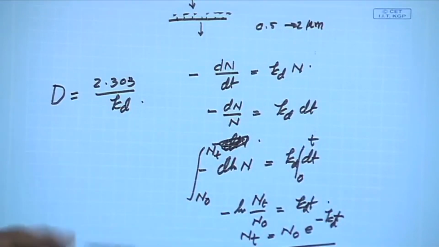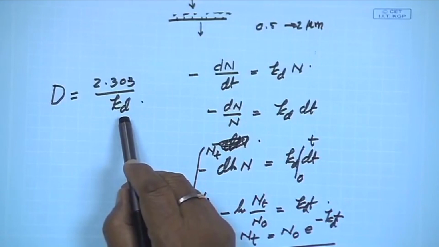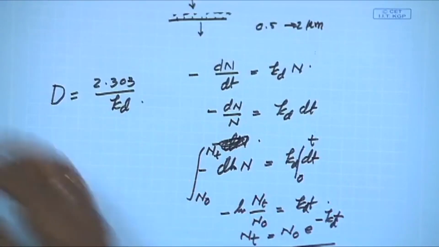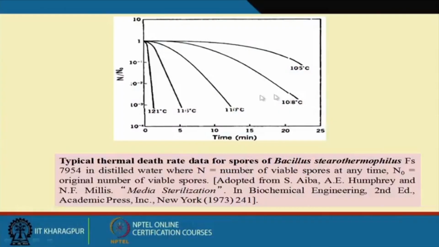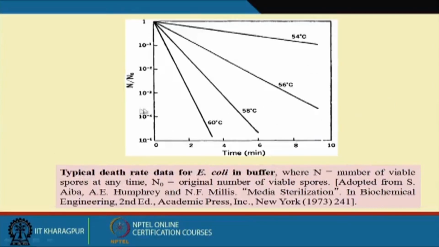As the time increases, the kd value will increase, because I can show you here that the curve becomes more steep. Now if you plot this on log graph paper, then we have this kind of plot.